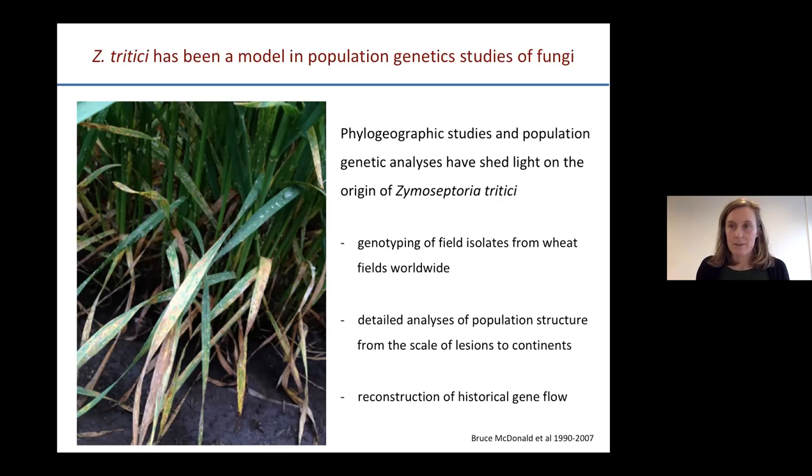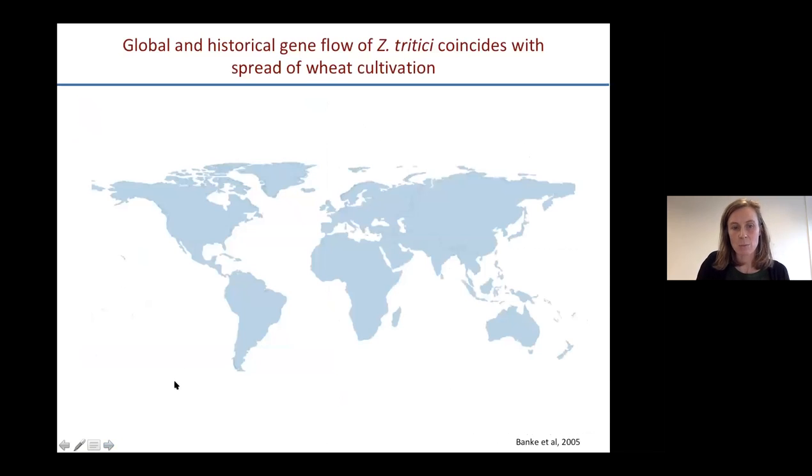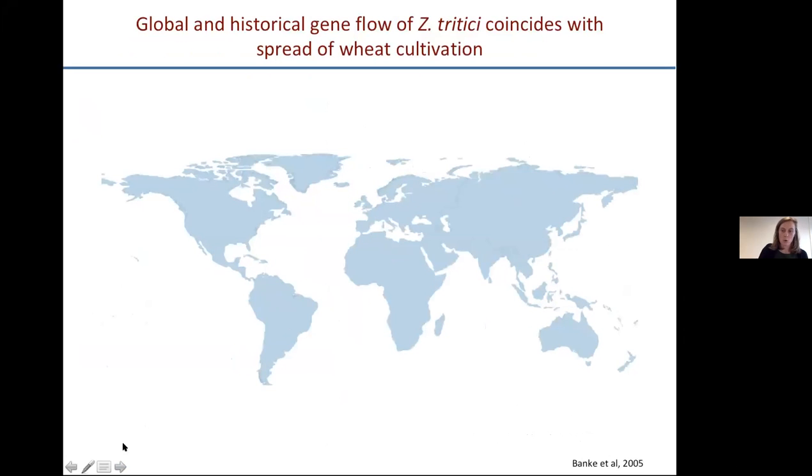And with different population genetic methods, with evolutionary predictions, we've been able to reconstruct the historical gene flow of Septoria tritici. And so what we have learned over the years with this global collection is that we find the oldest populations, those that have the highest amount of genetic variation, in the Middle East.